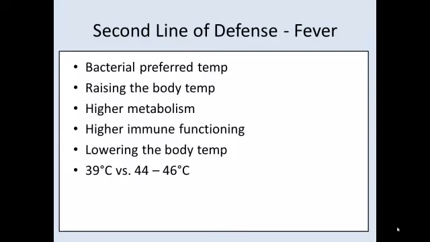This is going back to the chapter on bacterial growth requirements. Bacteria prefer a certain temperature. Most of your cells prefer a certain temperature. All pathogens are mesophiles, and if they're pathogens of humans, they prefer 37 degrees C. By raising the body temperature, you're bringing the temperature above their optimum temperature.